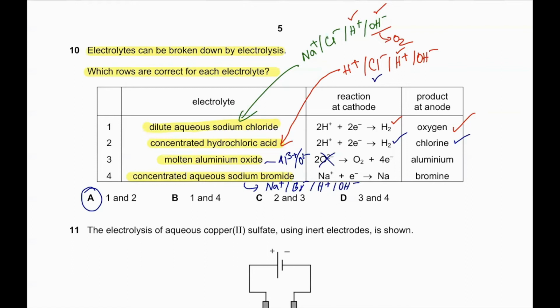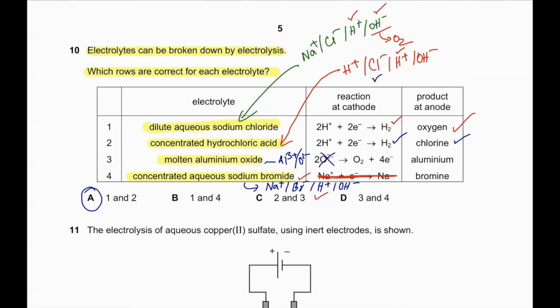So keeping that in mind, since it is concentrated, we will get bromine at the anode. However, in the cathode we will get hydrogen. So the equation says that in the cathode we are getting sodium, which is a wrong equation. Definitely we'll get hydrogen in aqueous electrolysis. There will be competition between sodium and hydrogen, and hydrogen will definitely win the race.